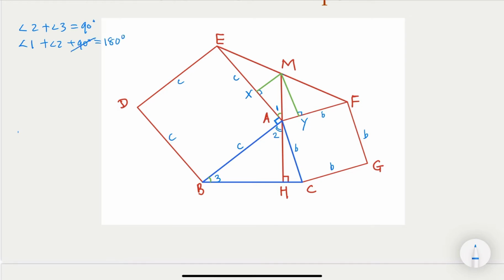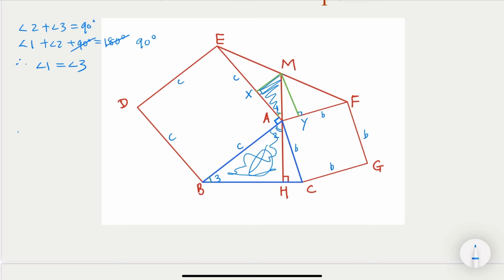So if you cancel, that's equal to 90 degrees. So from these two equations, you know that 1 equals 3. Now here, let's look at two triangles that are similar because they're right angles, and 1 equals 3. So this angle here, let's mark it here, and the two are similar, right?